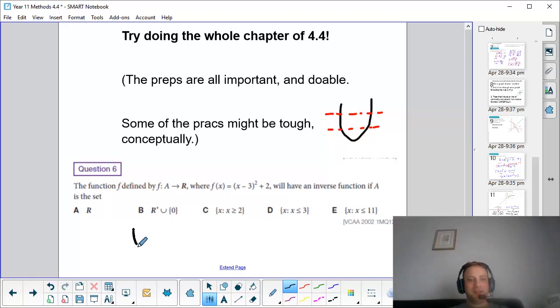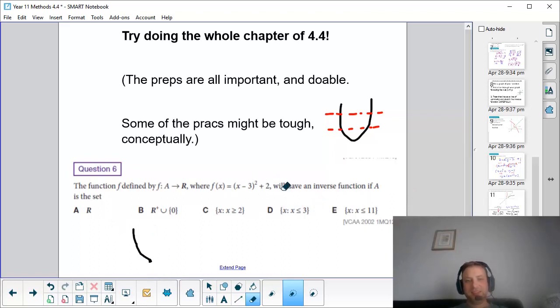As soon as I get here to the turning point, I've still got an inverse function because it passes that test and it passes that test as well. But the moment I turn around and start going back up, now I fail that test, I won't have an inverse function. So they're really just asking, where should I stop to have an inverse function?